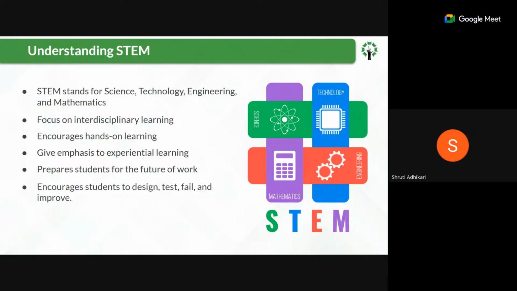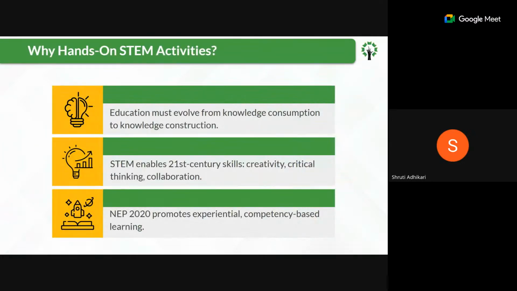So I can just change something in my plan, right? This is how I can improve. Students can take feedback from their peers, from the teachers. So this results in their overall personality development as well. Apart from having an in-depth knowledge of the subject.